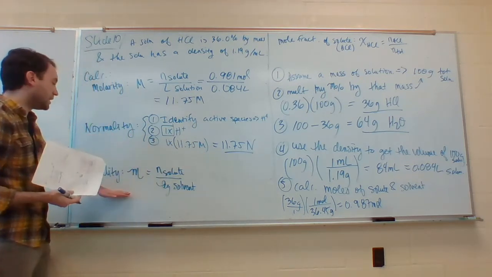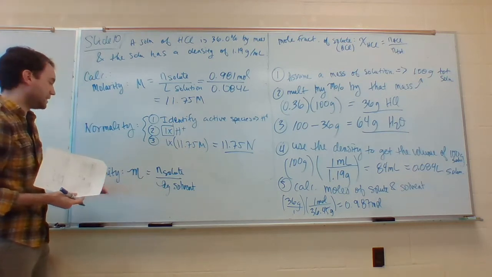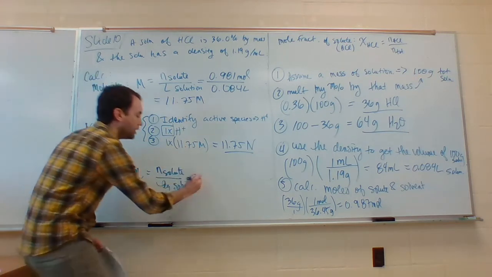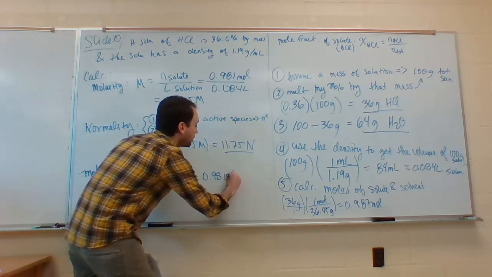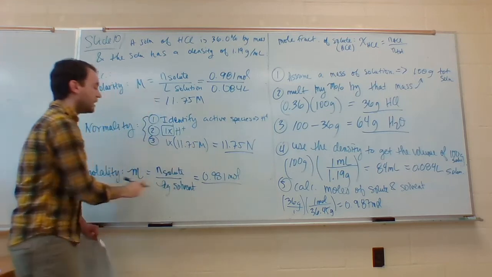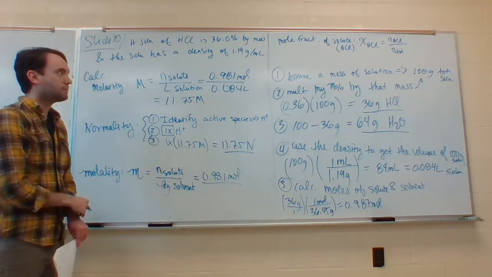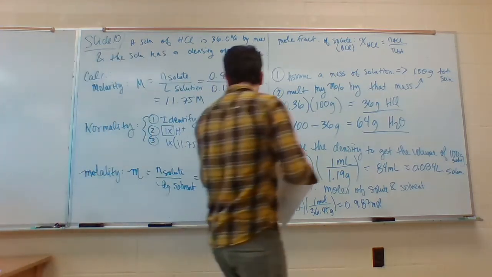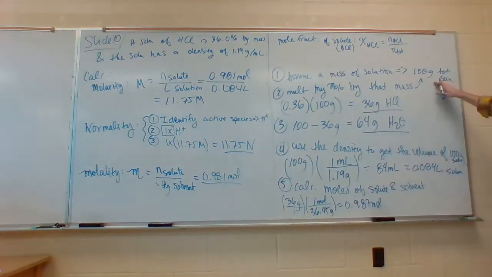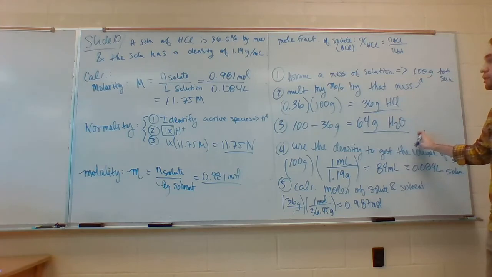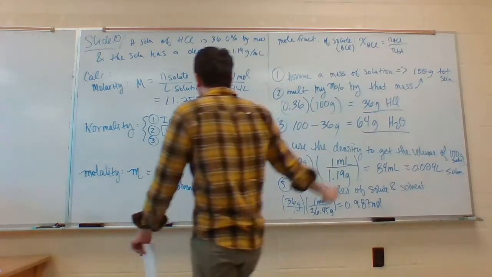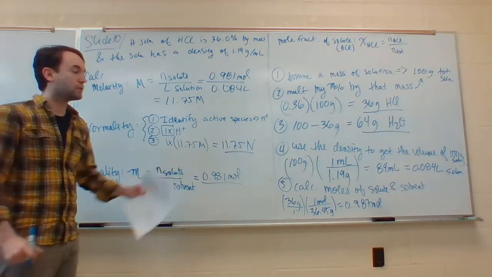All right, next thing is to calculate our molality. We needed our moles of solute. Well, we know that. We just calculated it. It was 0.981 moles. And then we needed our kilograms of solvent. Now we know that we had this many moles in 100 grams of total solution. But the solution is not the same thing as our solvent. Our solvent was the water. So that means that we need to convert this into kilograms because our water was the solvent.